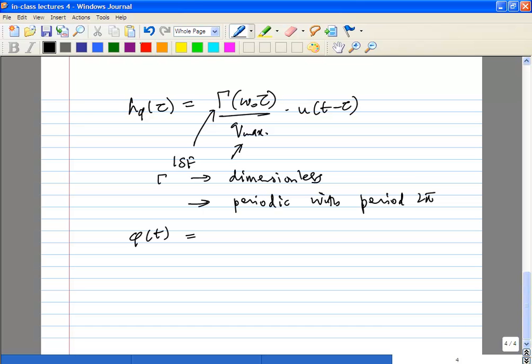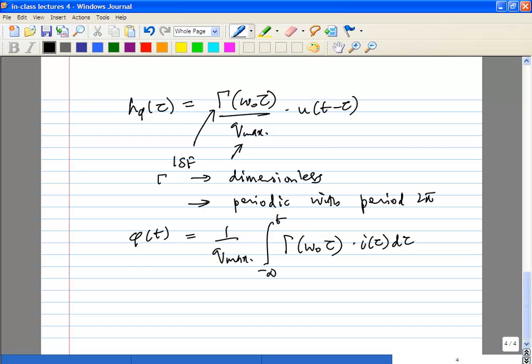Now you can write your phi of t, which is your total phase, which is just the impulse response times your excitation, which is your current noise. Your noise current is being injected into the tank at all times.